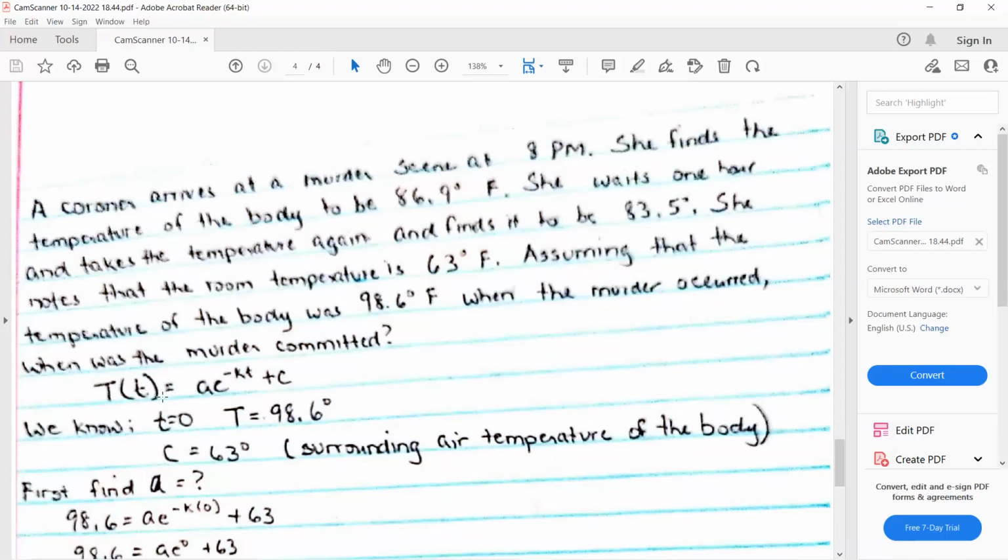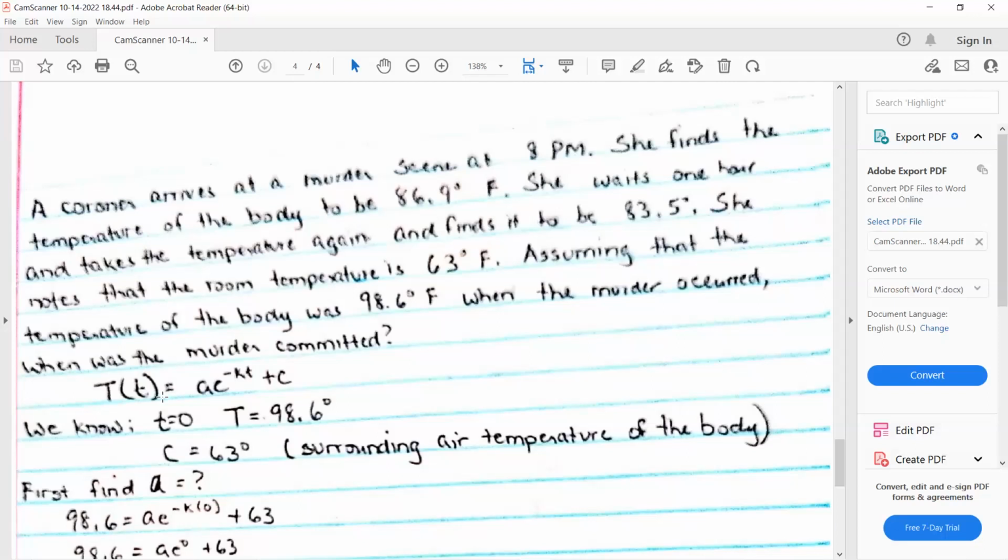So our small t, our reference point, is when the body actually died, not 8 o'clock. Okay, we don't know when this was, but we do know that at the time the body was killed, this is 98.6. Okay. Now the constant C in this formula, that this is your freebie in this situation. Your constant C is whatever the room temperature is.